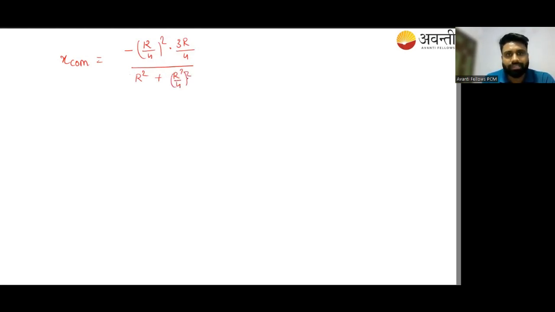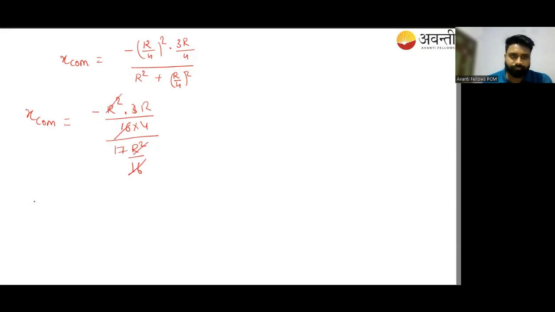We have taken pi as common and cancelled it out. Now x center of mass is minus r square into 3r divided by 16 into 4, divided by, you will take LCM as 16, so it will be 17. 16 plus 1, it is 17 r square divided by 16. 16 and 16 cancel out. This r square and this r square will cancel out.